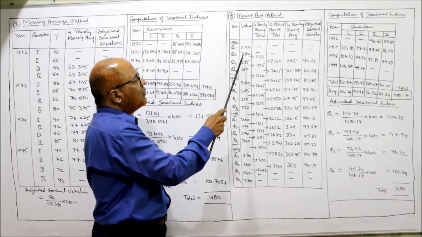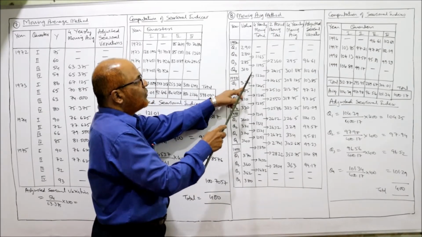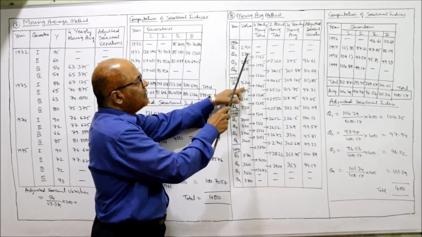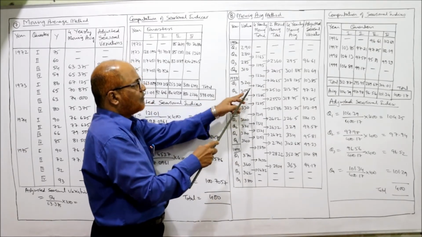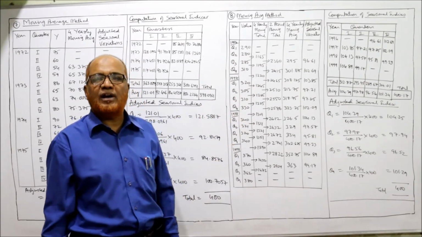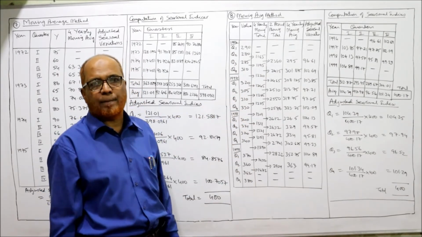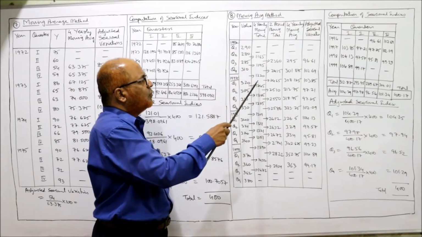Or you can directly calculate 280 plus 285 plus 310 plus 320, you will get 1195. Then leave one and take 285 plus 310 plus 320 plus 305, you add up to 1220. We already did the moving average method in the previous video also. Same method. So this is the 4 quarterly moving total.